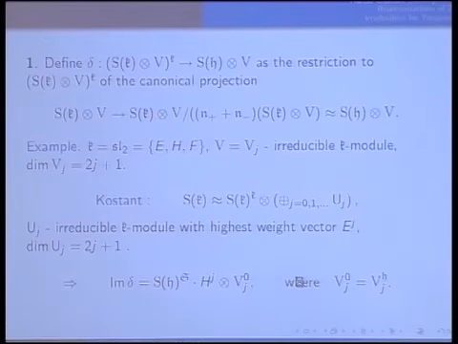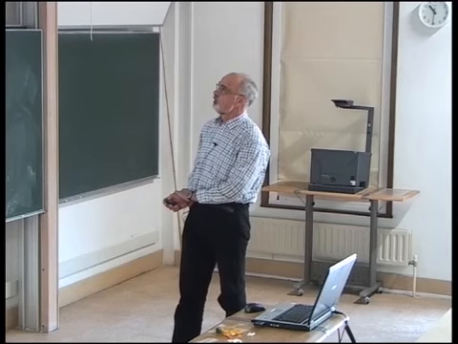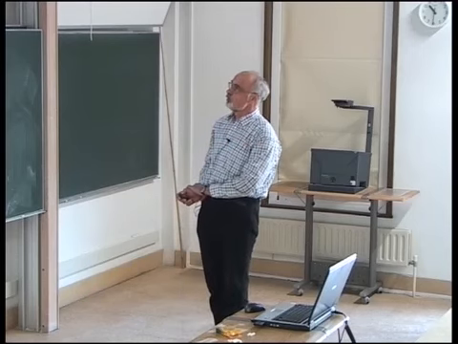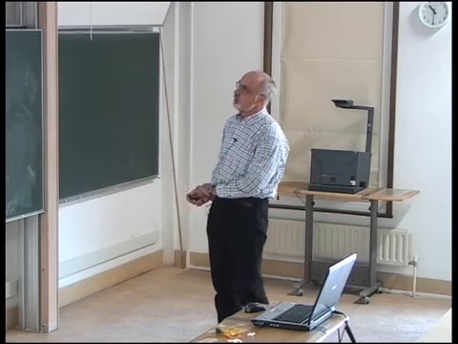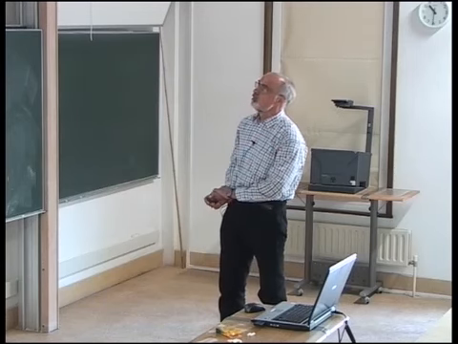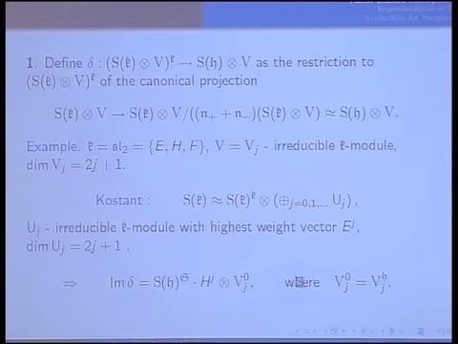Once we take the tensor product, we should compute the image of the invariants of this U_j with the representation V. Now I suppose that V is an irreducible module.